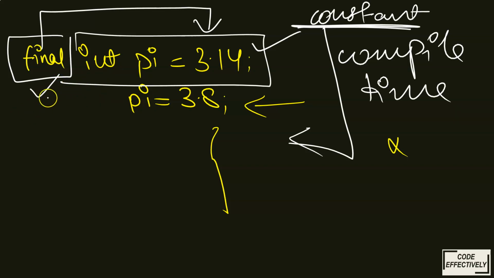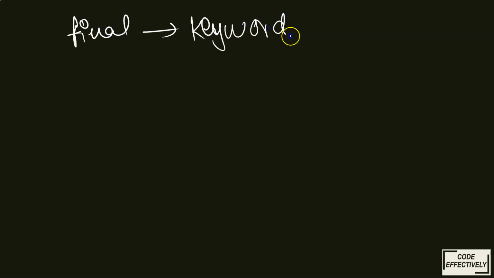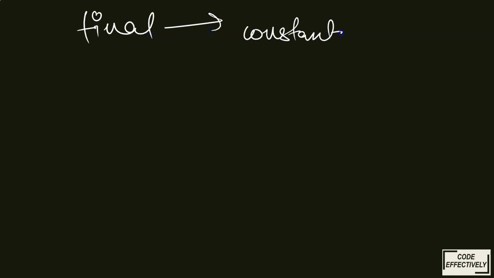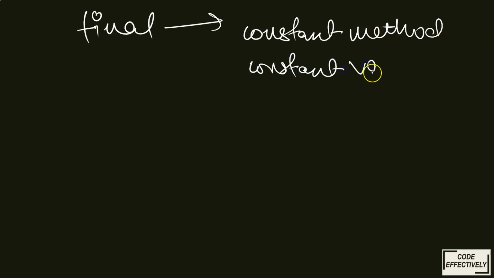Now the final keyword can define constants. With final we can define constant variables, as I have already shown you with the example using pi.